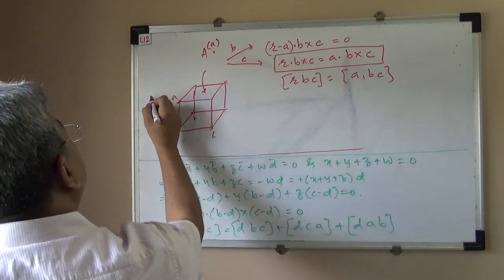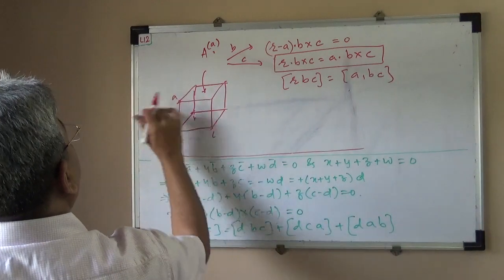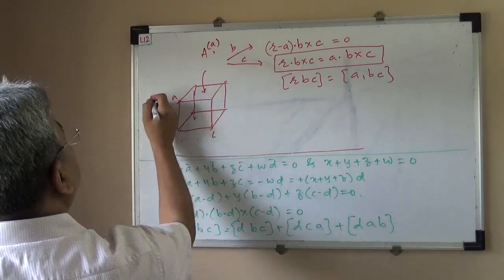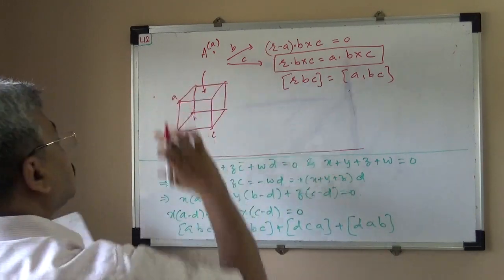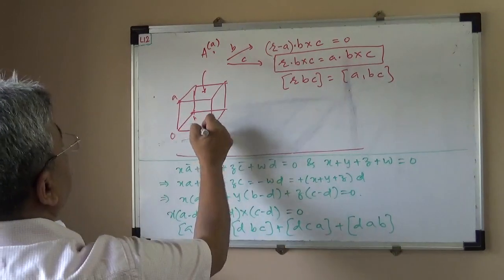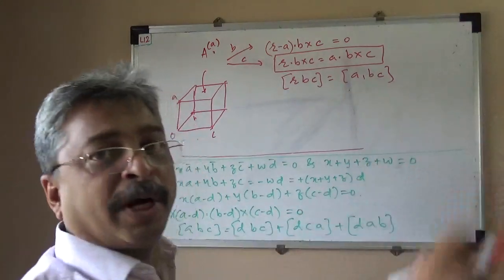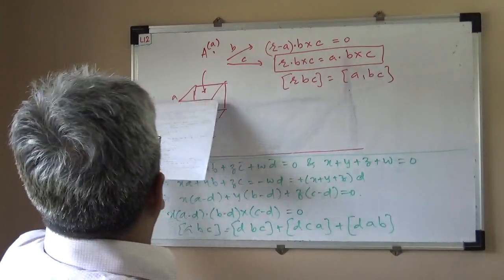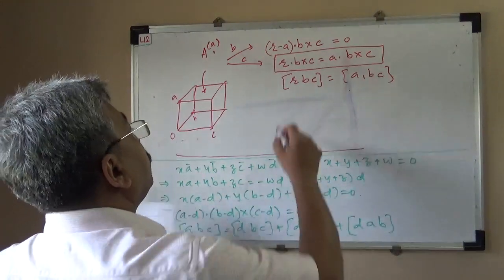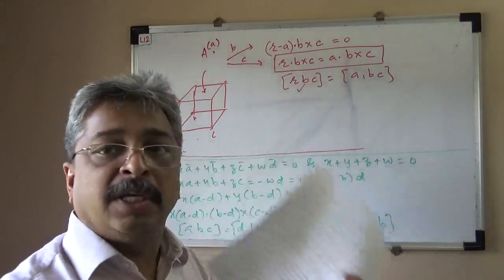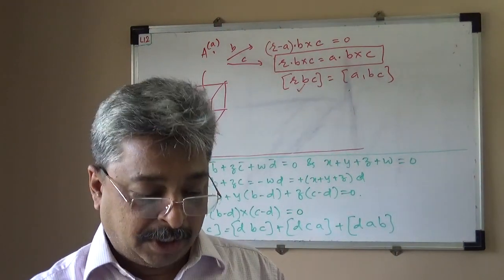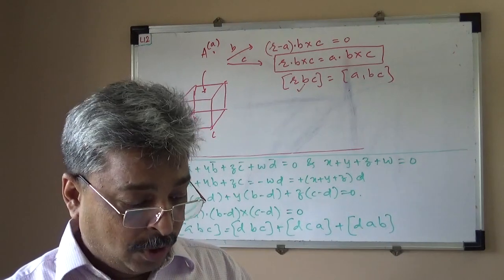Now if I have another point in this same plane but somewhere outside this diagram, its distance from the plane B cross C is exactly the same. So anywhere I take a point, the point is going to be coplanar if the box product of RBC equals the box product of ABC. There is a geometric meaning to that also.